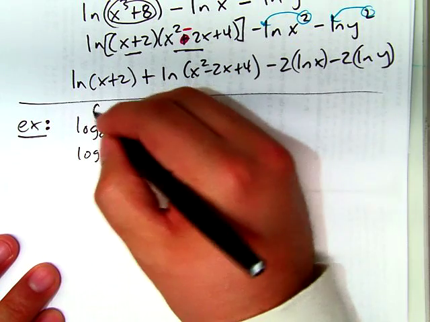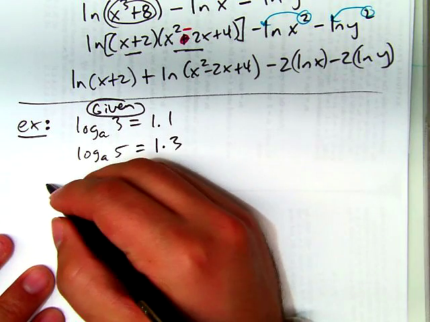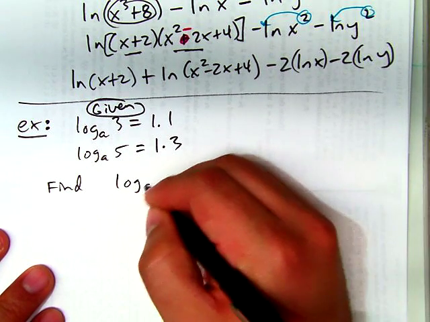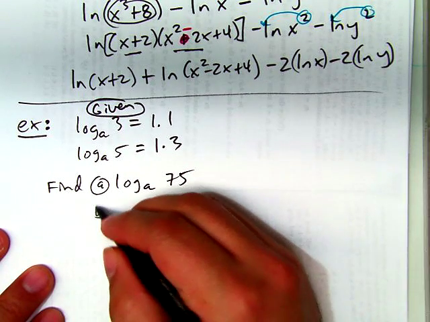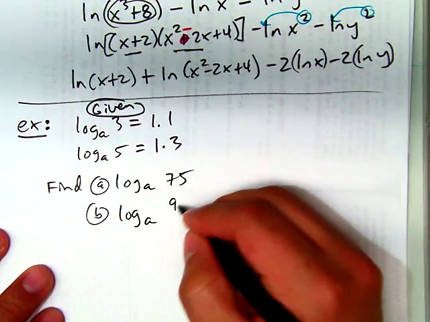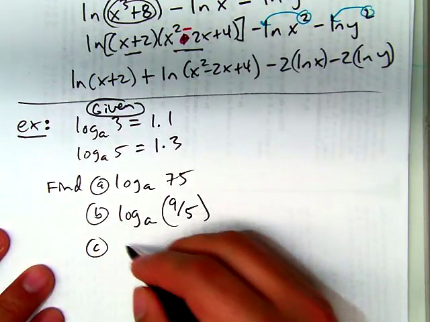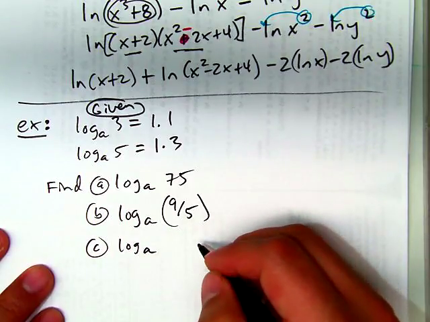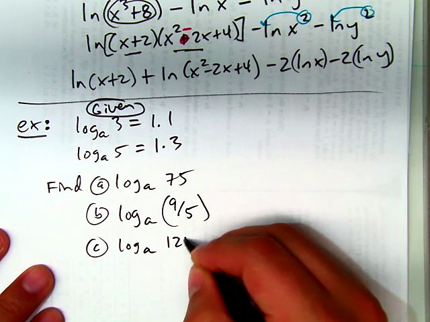So let's say that we're given this information and we want to find, let's say, log base a of 75. We'll do a few of these. Let's say we want to find log base a of 9 over 5. We'll do one more. Log base a of 125a.